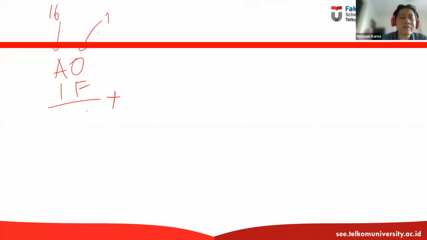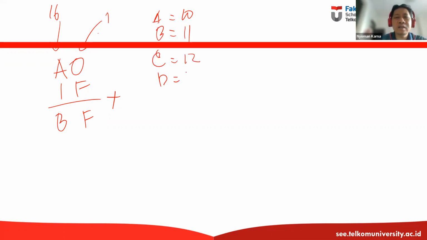Now 0 plus F is F because we have the symbol of F. Now A plus 1 is B. Remember, A is 10, B is 11, C is 12, D is 13, E is 14, and F is 15. A plus 1 is B, because A is 10, 10 plus 1 is 11, and 11 is B.